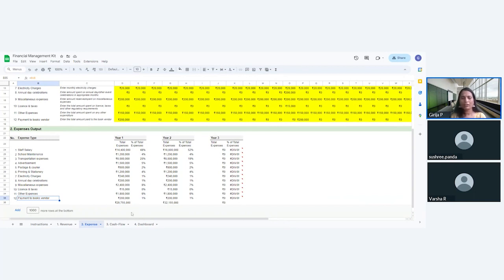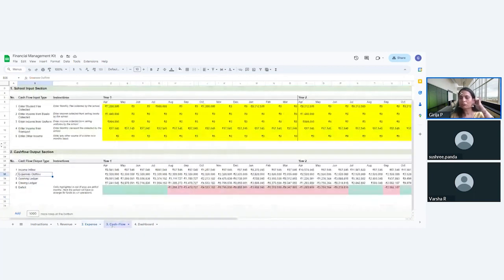Now we are talking about the cash flow. Cash flow is something which can help you to understand how much money is coming in every month and how much money is going out, or you're spending on different activities every month. So here you have to enter the total income you are getting every month from the student fee collected, and enter income from uniform, from transportation, and if you have income from other sources.